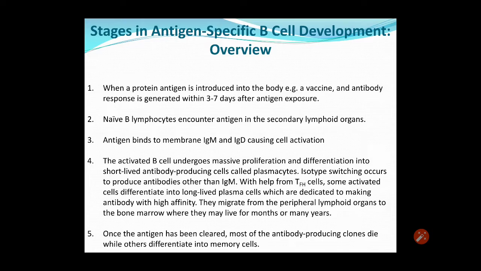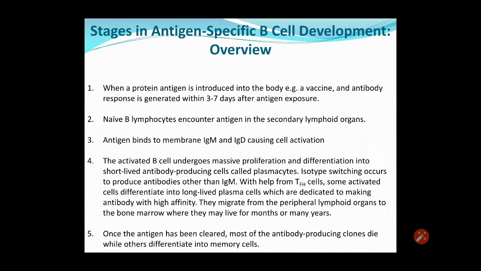The naive B lymphocytes, which exit the bone marrow when they've undergone that clonal deletion to remove autoreactive cells, then enter all the lymph nodes and the spleen, sampling for any antigens. If they see antigen, then they will make IgM from the outset.